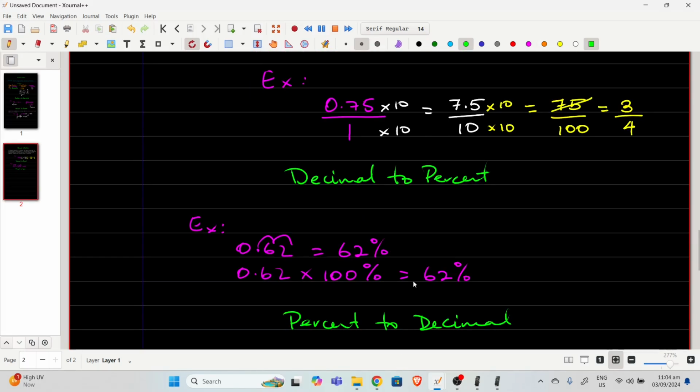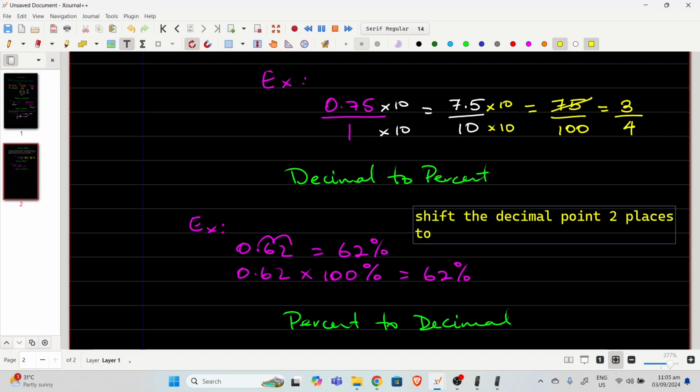So what we did is shift the decimal point, and I should really put a note here. We just put a quick note over in the corner. So we shift the decimal point 2 places to the right to get this.